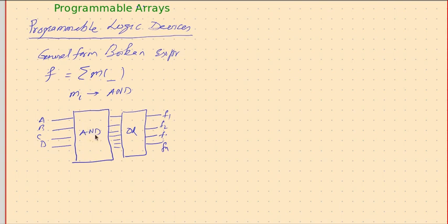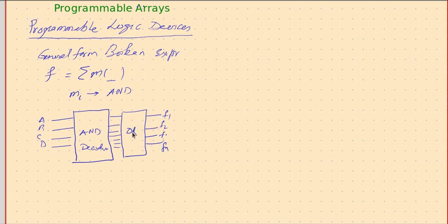So in our previous case, this AND version was a decoder, and then we had used OR gates wherever required to get the appropriate functions.